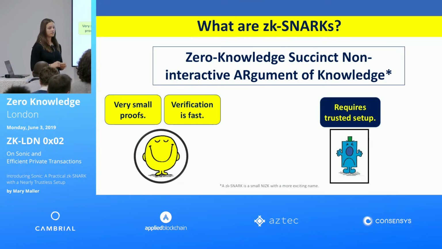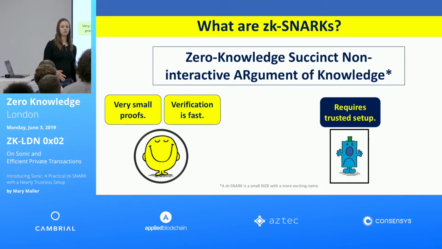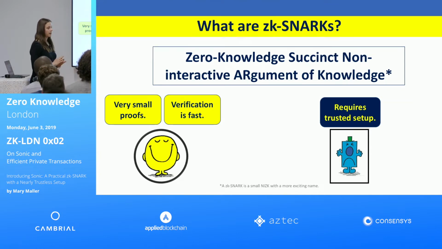The reason why we want SNARKs rather than any other type of NIZK proof, well, we don't always want SNARKs. There are situations where other NIZK proofs would be the ideal choice. But the two properties they have, which are really nice, are very, very small proof sizes and extremely fast verification.